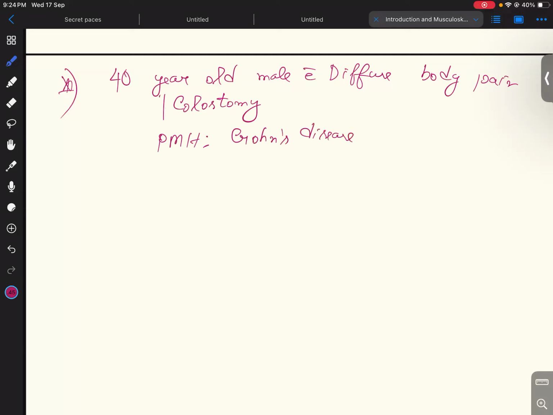That's why the colostomy bag is there. So what is the cause of diffuse body pain in this patient? Can anybody answer what is the cause of diffuse body pain in a patient with a colostomy bag due to Crohn's disease?